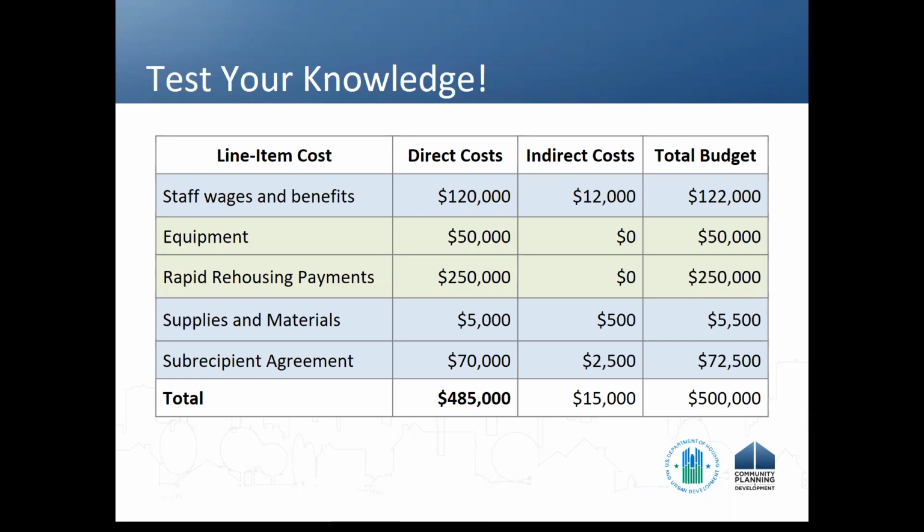Now, some grantees may think that $15,000 is not enough to recoup costs incurred to administer and implement the ESG-CV award. The remainder of the training is designed to help grantees understand why indirect costs are calculated as described and to alleviate some of their concerns.